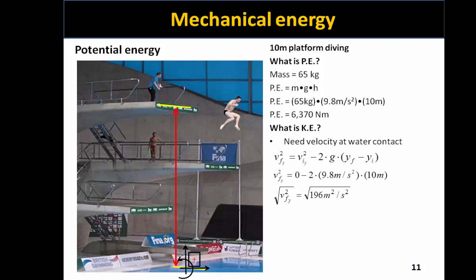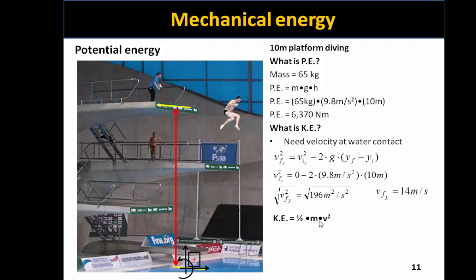And so as we work through our solution here, we take the square root to isolate our values, and we find a final velocity of 14 meters per second at the instant the jumper makes contact with the water.